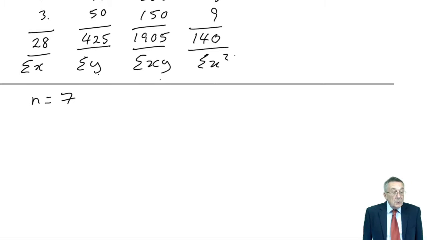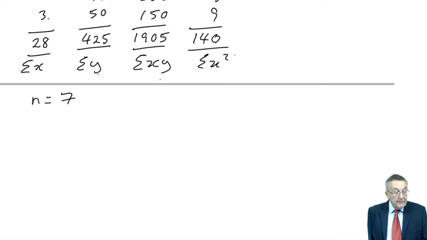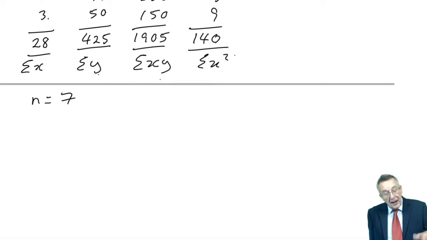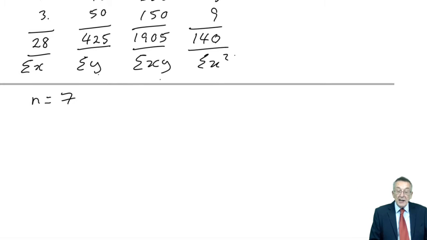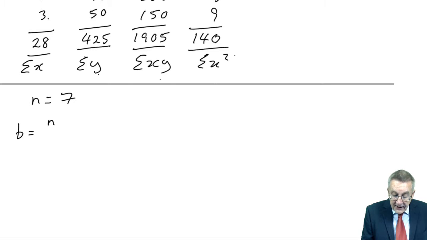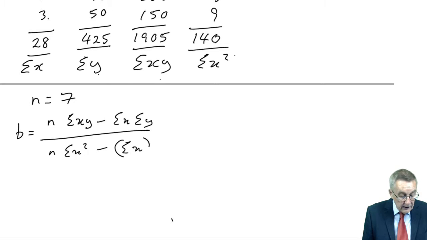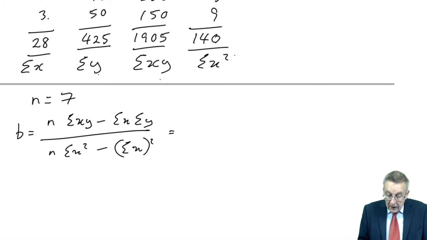But again, if you look at the two, we're trying to work out A and B. The formula for A, sigma y over n minus b sigma x over n, has b in it. So we have to work out b first, and then we can use our value for b to work out A. So let's work out b. B is n sigma xy minus sigma x sigma y, divided by n sigma x squared minus sigma x all squared. So let's do it.